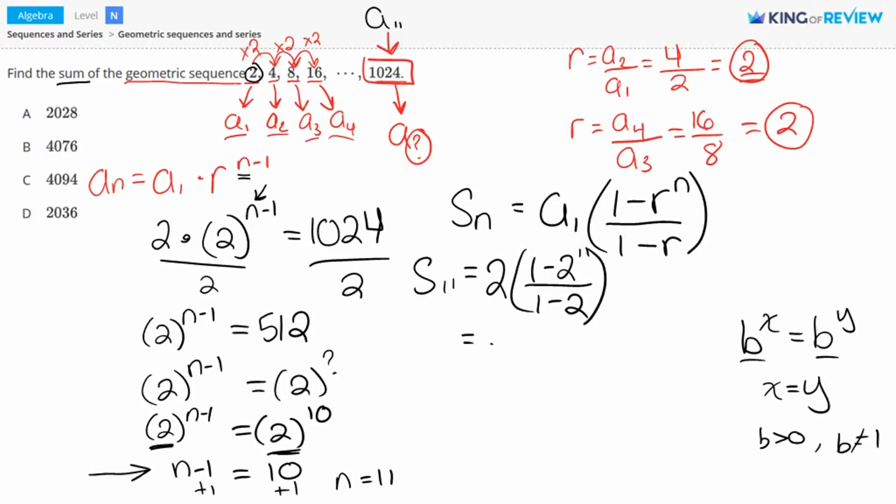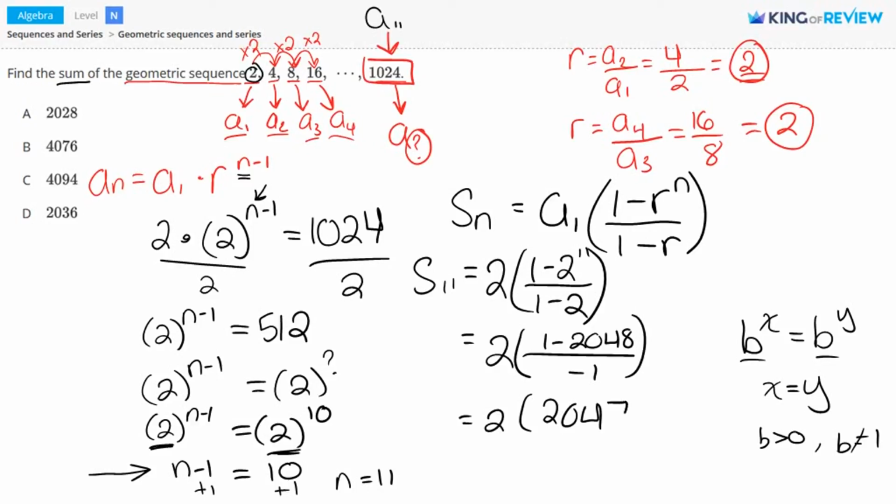And when we simplify, we get 2 times 1 minus 2048 divided by negative 1. And this equals 2 times 2047, which equals 4094. So letter C is correct. The sum of the first 11 terms is 4094.